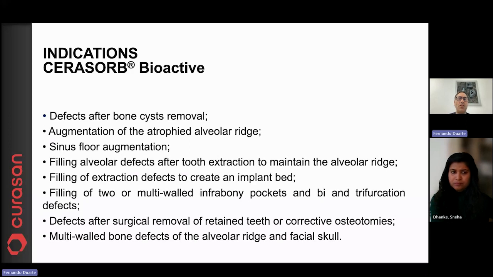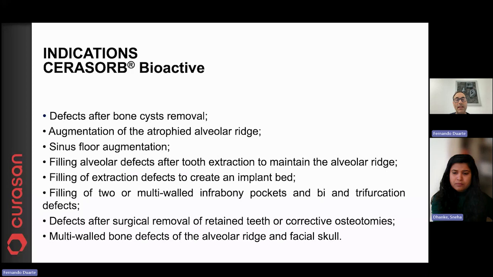The augmentation of the atrophic alveolar ridge. Sometimes we have patients who didn't have the reconstruction done when they extracted the teeth, and after several years they decide to place implants. But when we evaluate the bone availability, we know that there is not enough bone to place implants in the 3D position, which means that we should do the bone reconstruction because the maxilla or the mandible are very atrophic.